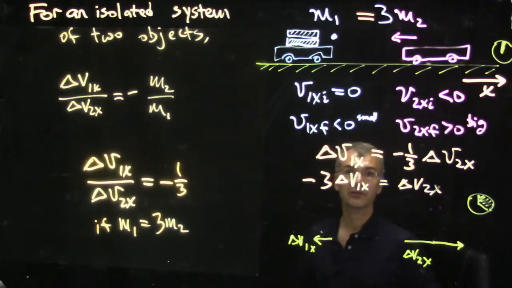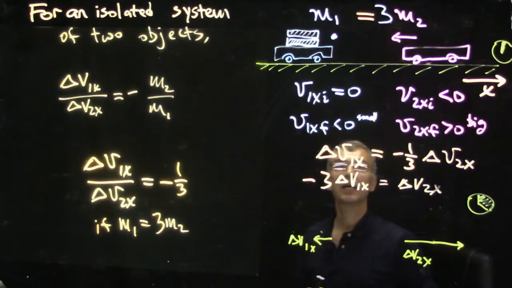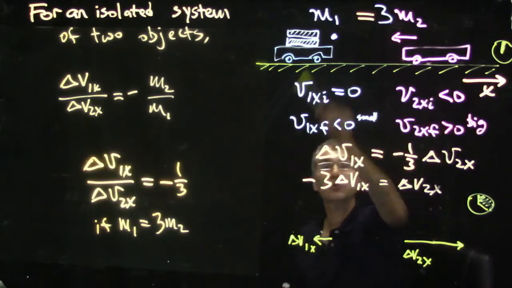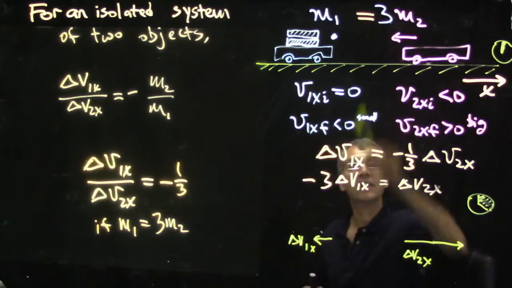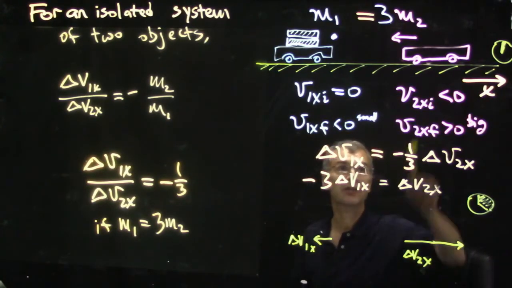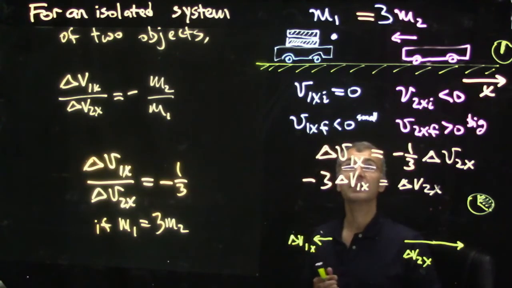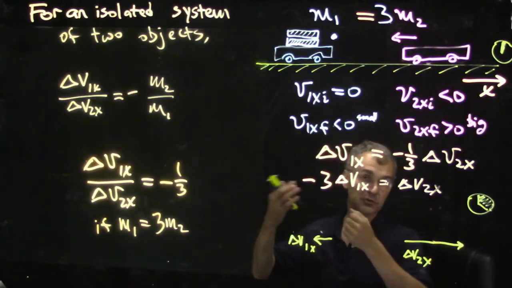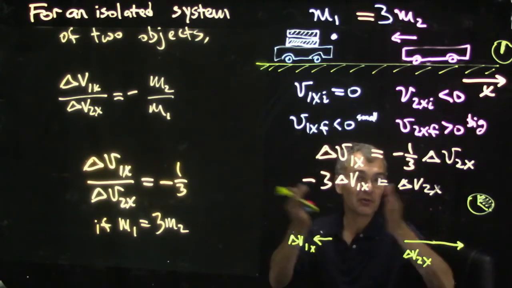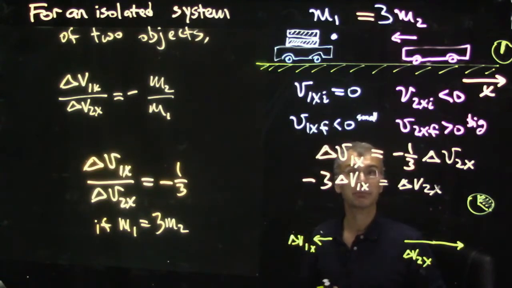The next thing we're going to look at, same ratio of masses, 3 units in blue, 1 unit in red. So let's have the blue cart stationary. That means V1x initial equals 0. And let's have the red cart moving to the left, so V2x initial is less than 0. This is kind of like a lightweight car colliding into a truck, but we've set things up so they both have really springy bumpers and nobody's stepping on the brakes.